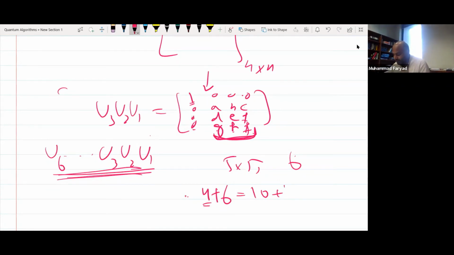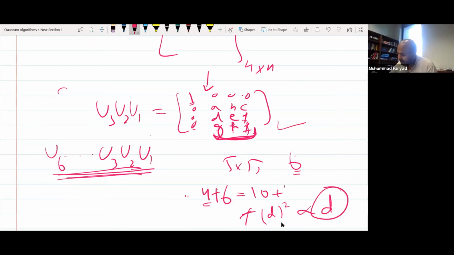So essentially the number of gates scales roughly proportional to d. The higher the dimension, the more gates you need. It's not d square. For example, for 6 you don't need 36, but you need 16. So it's not scaling as d square, but proportional to d, where d is the dimension of your unitary matrix. Roughly you need the same order of gates to convert it into 2-level unitaries.